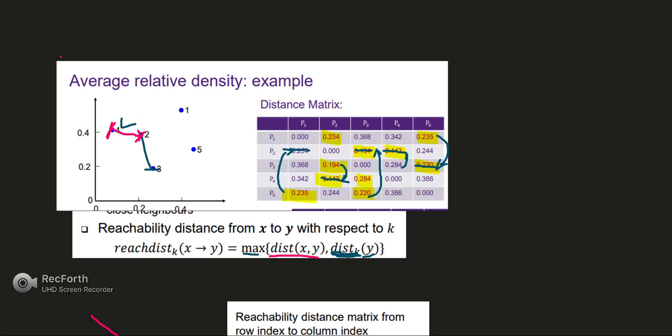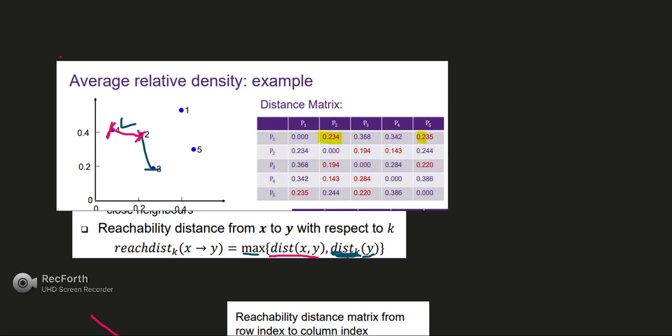So the distance between 4 and 2 becomes equal to the distance between 2 and 3, which happens to be 0.194. That's how you calculate reachability distance. That's it. Maximum of the distance between point A and B, or the k nearest neighbors of point B.